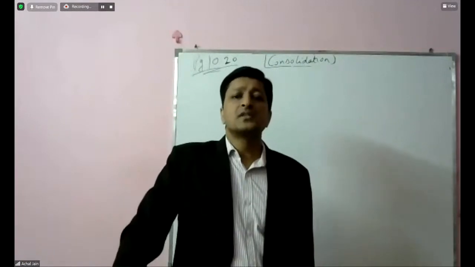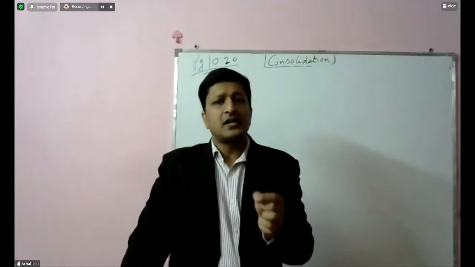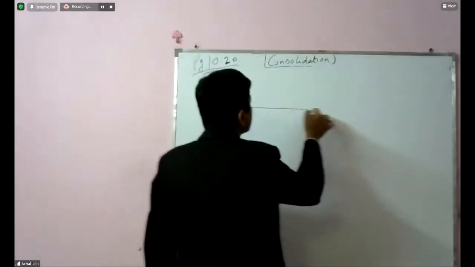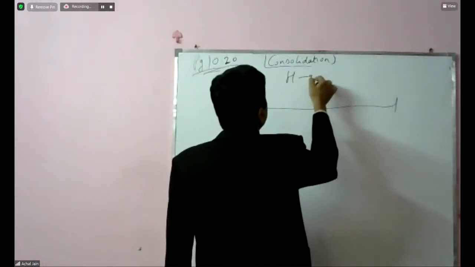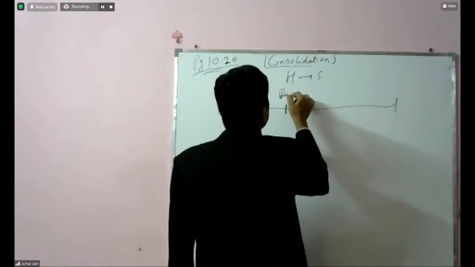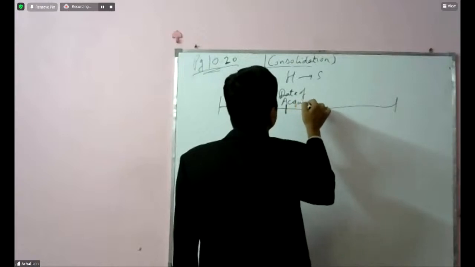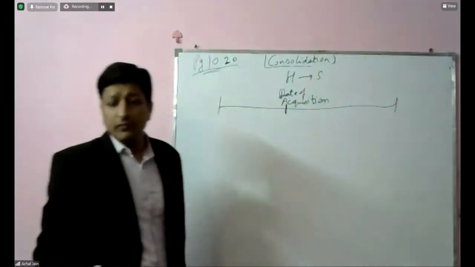And before this adjustment related to dividend, there is another concept that I will touch upon. So H acquired S on this. You can say this is also the date of acquisition. Correct? Something we have already talked about.